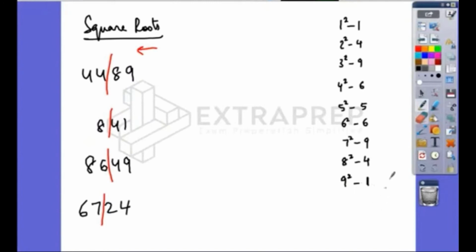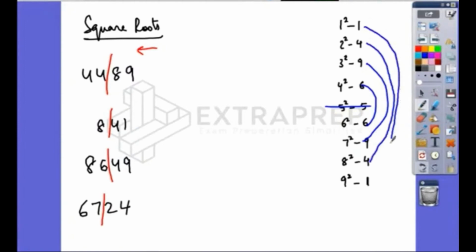I'm only writing the units digits. If you observe carefully, these are same. So on either side of 5, you have repetitions, but they are on either side, which we will be using for our advantage.